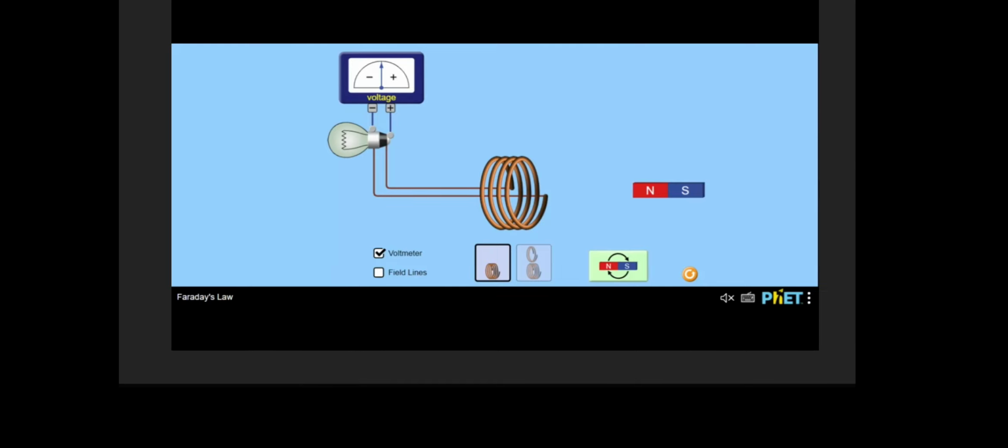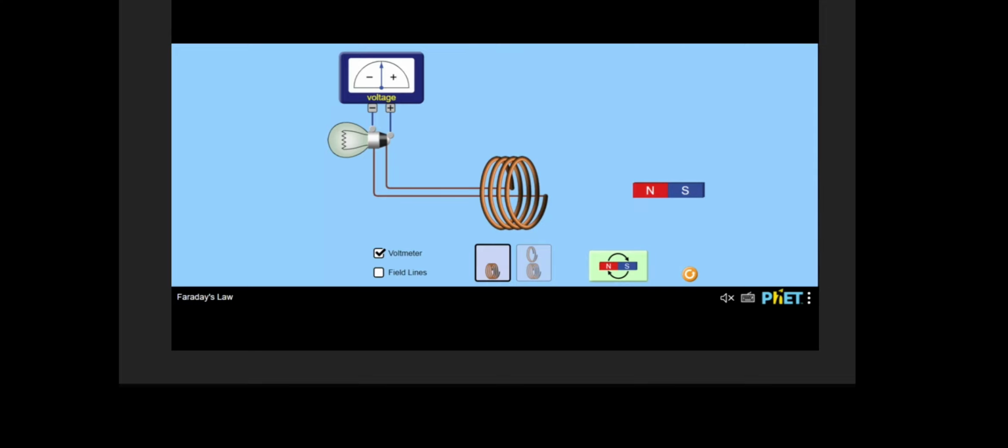So how can you oppose a north pole coming into the coil? They produce a force in the opposite direction, a force that comes out of it. So it needs to oppose that motion, so it produces a repulsive force.